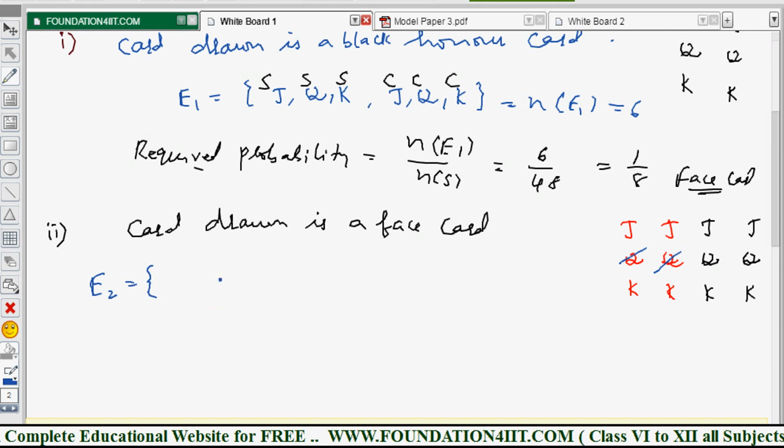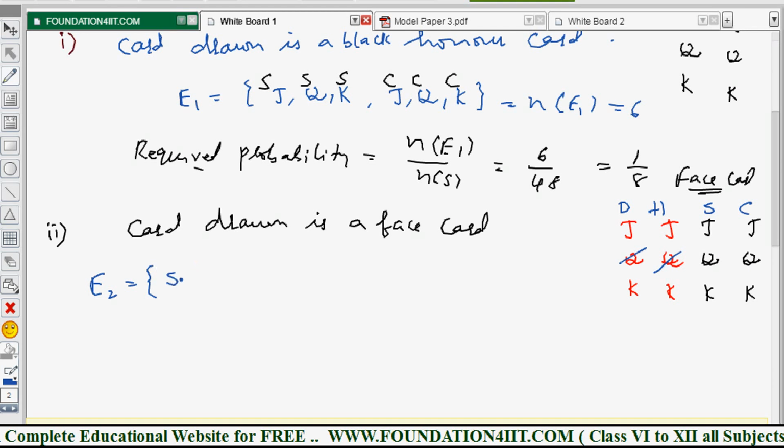If you observe, the reds are diamond and heart, and the remaining are spades and clubs. So diamond jack and diamond king, and heart jack and heart king. Similarly, spade jack, queen, king, and clubs jack, queen, king. These are the 10.